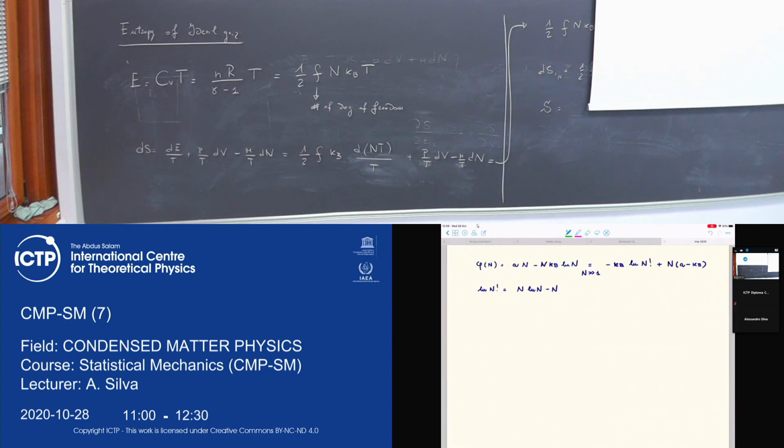Okay? All right, so now I look at this and substitute it into my expression for the entropy. I get that my entropy is equal to what? To n times a minus k Boltzmann plus a function of temperature, which is f times k Boltzmann times log of T and all that stuff, plus n k Boltzmann log of V minus k Boltzmann log of n factorial.